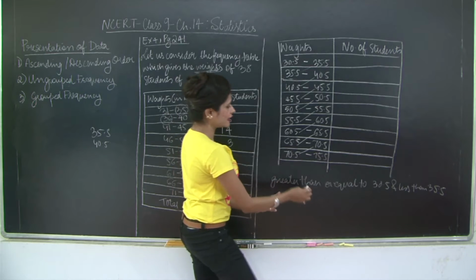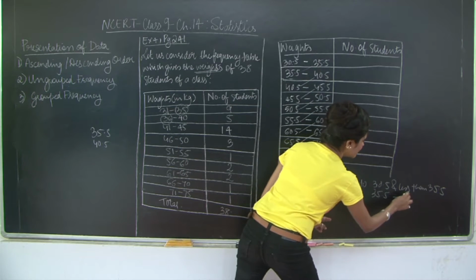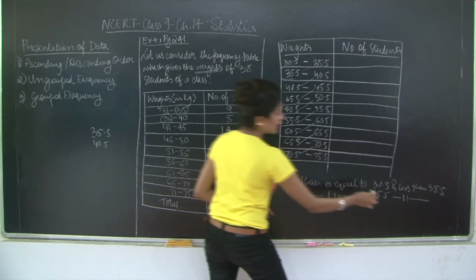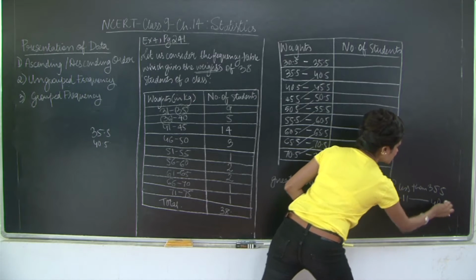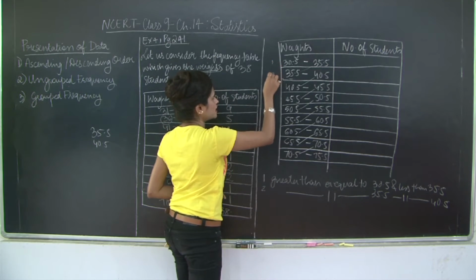Similarly, all the entries greater than or equal to 35.5 and less than or equal to 40.5 will come in the second interval, right? This is 1, this is 2.